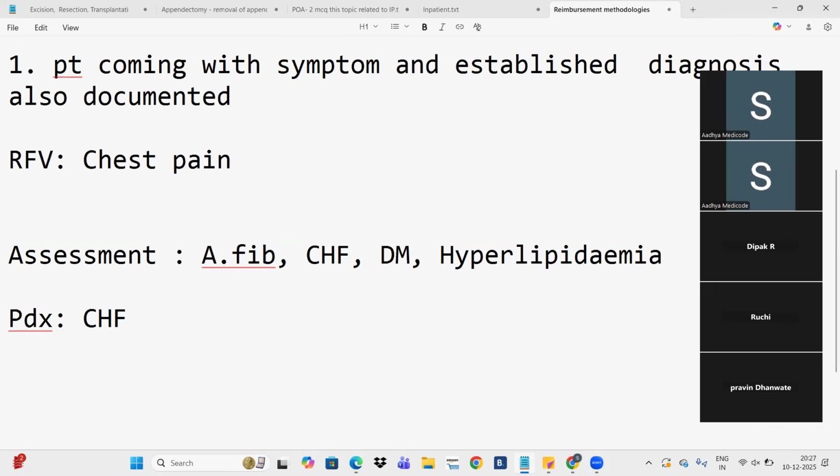But if both diagnoses fall under the same DRG value, then any one condition can be considered as the principal diagnosis.